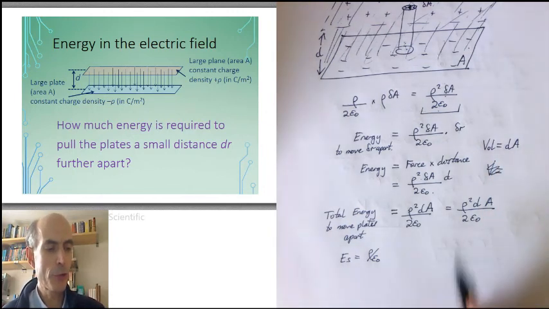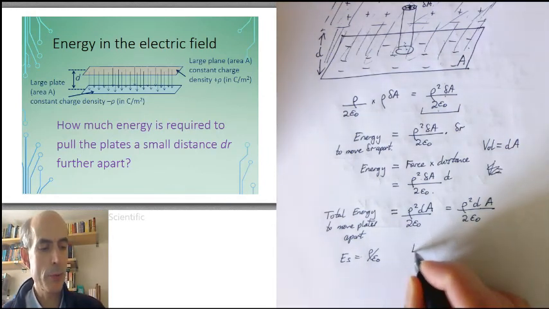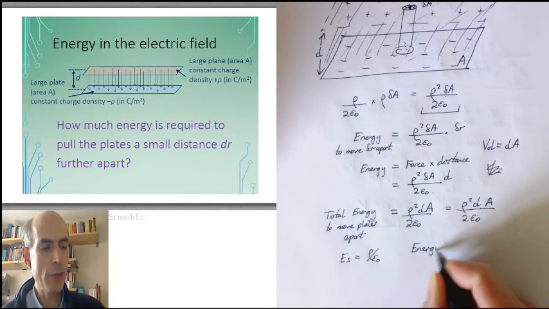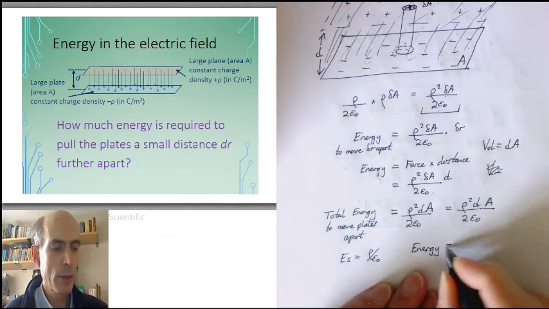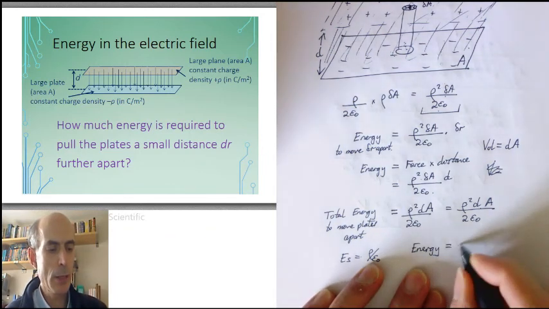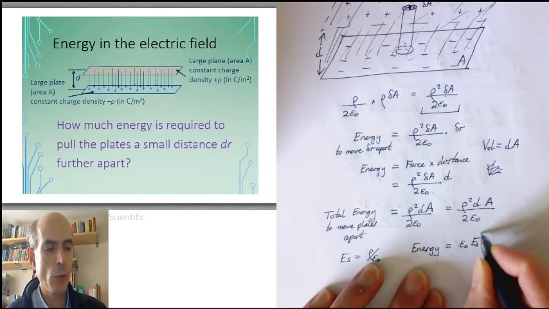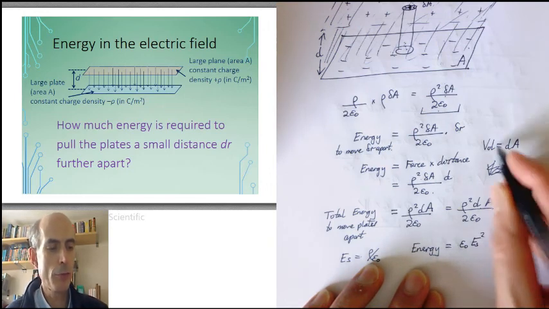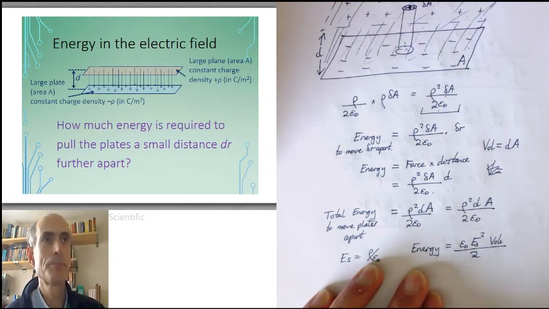Right, substitute that into here and this into here, and we end up with the total energy that I've had to lose to move these two plates apart. That's the total work that I've had to do, and therefore the energy that is now stored in the electric field. That's given by epsilon naught times the electric field strength squared times the volume divided by 2.